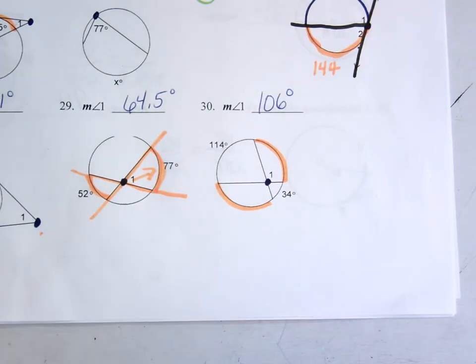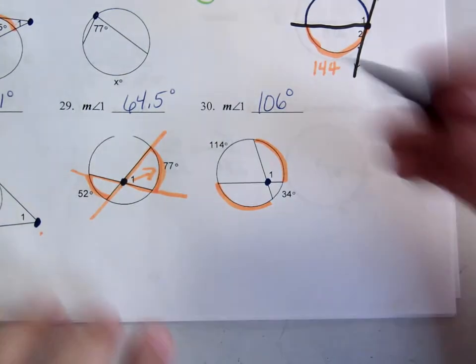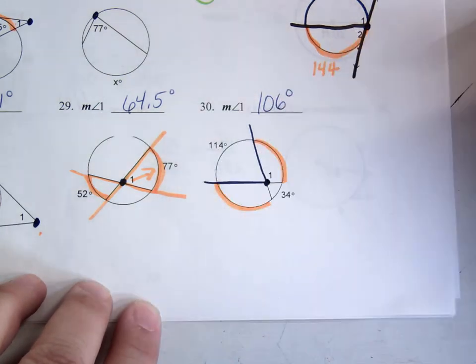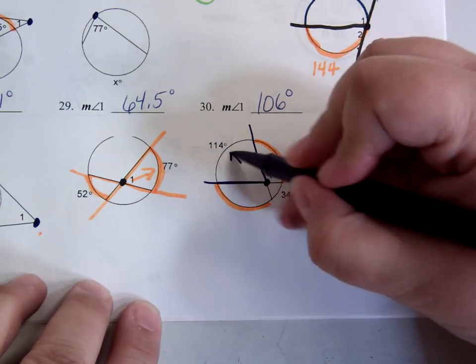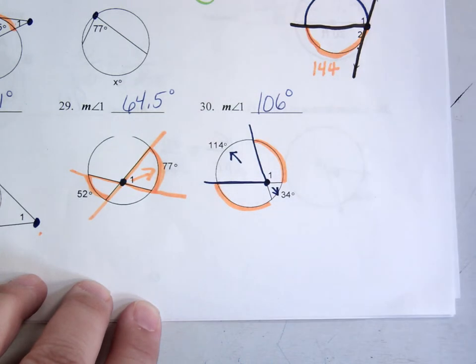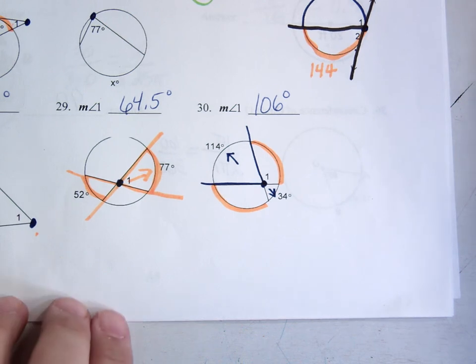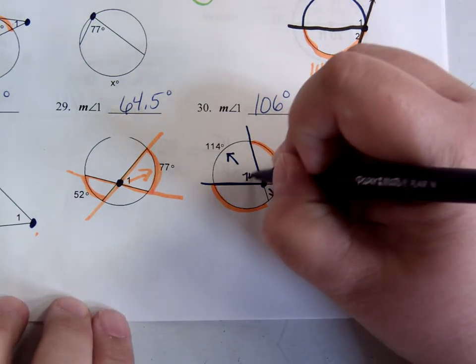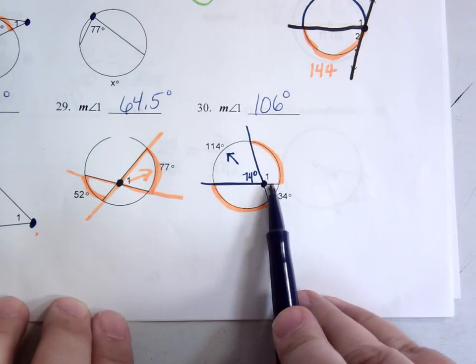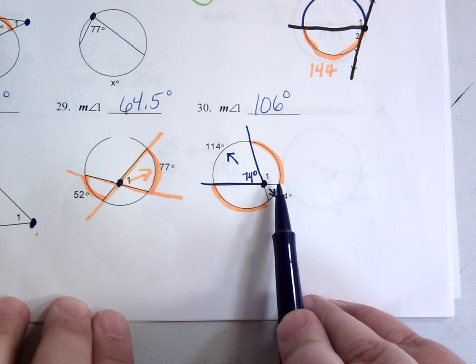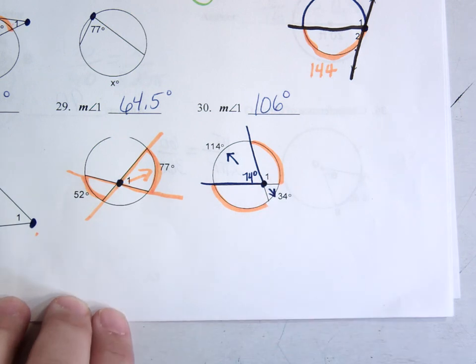So the other thing I can do is find this angle. It's half of 114 plus 34. 114 plus 34 gives me 148. Half of 148 is 74. And once I know that this is 74, these two make a linear pair. Okay, I'll resume in the next video.